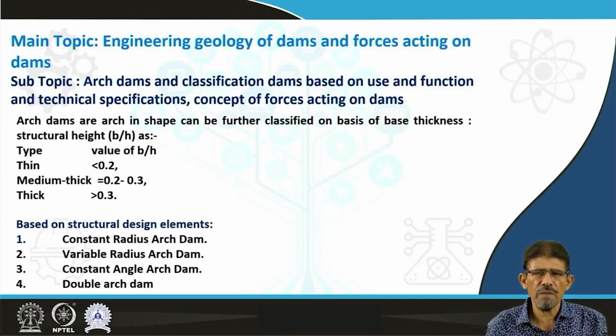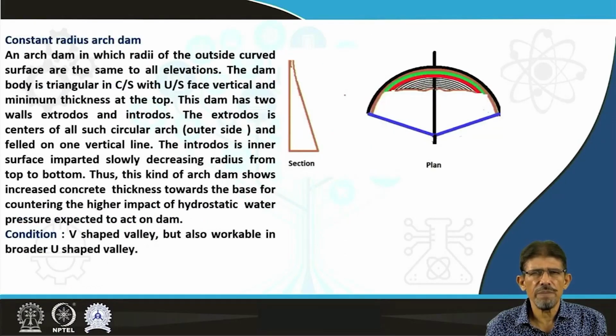Besides this, we have already discussed based on the number of arches: mono arch dam, bi arch dam, and multi arch dam. So one by one we are going to elaborate about constant radius arch dam and variable radius arch dam, then constant angle arch dam in brief.